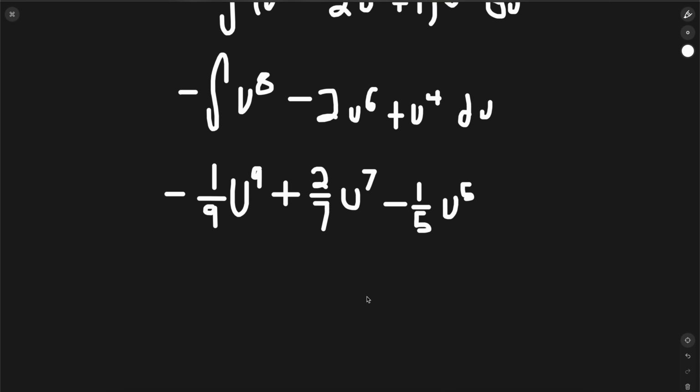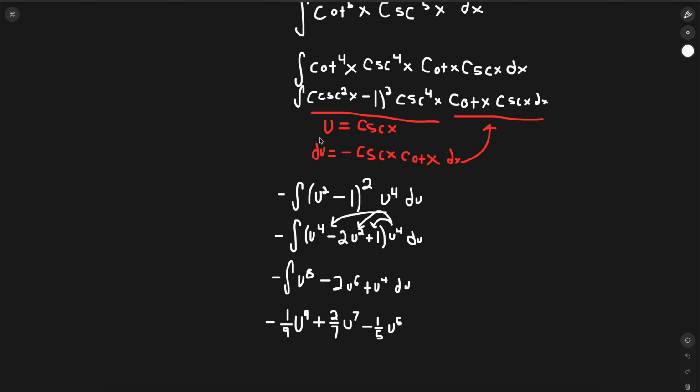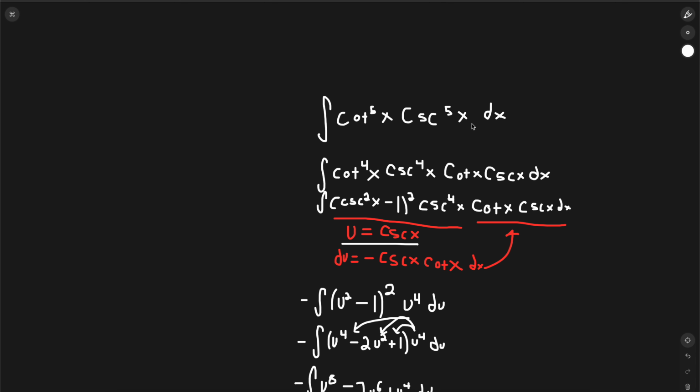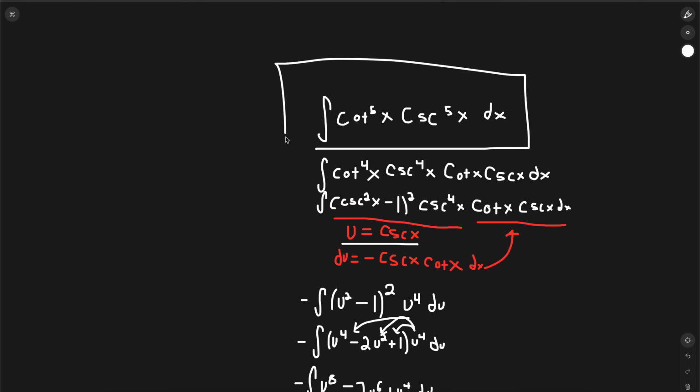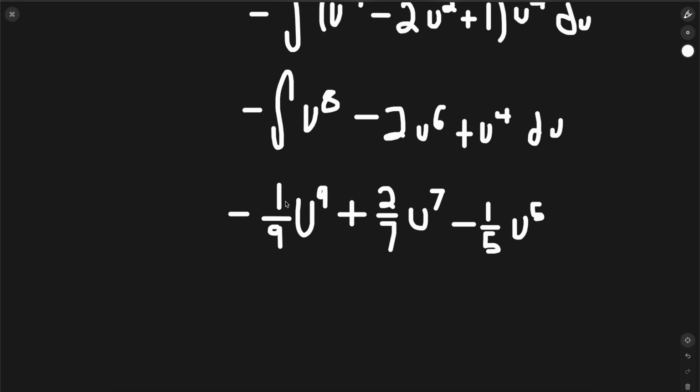But yeah, this is our integral with respect to u. Now we just need to plug in what u is, and this will be equivalent to our overall integral here. So let's go ahead and do that.